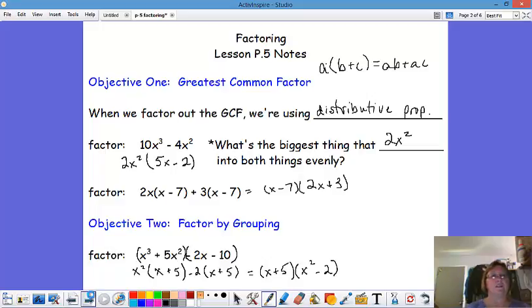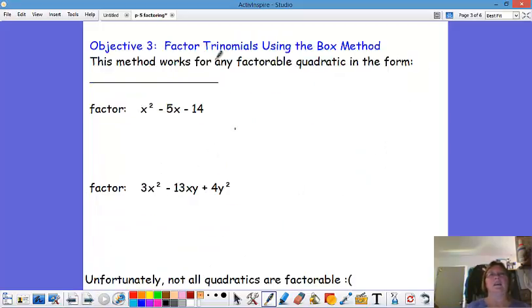Our next factoring type of problem, we're going to remind you of what you did in your algebra classes. We're going to factor trinomials, three-term polynomials, using the box method. This will work for any factorable quadratic that looks like this: ax squared, and I'm going to make my a's lowercase, plus bxy plus cy squared.